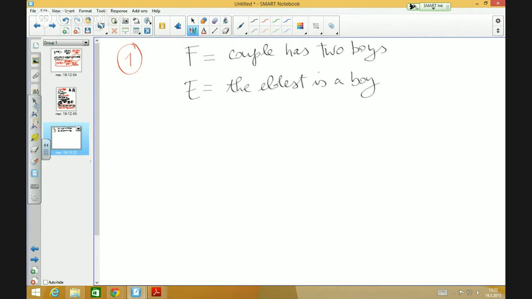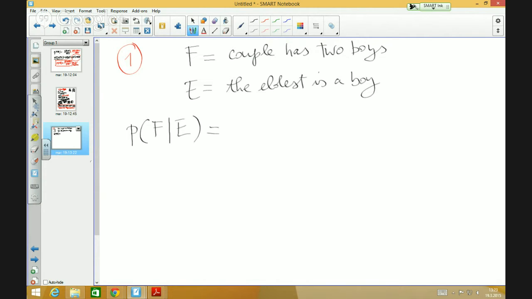So we want to compute the conditional probability that the couple has 2 boys, given that the eldest one is a boy. To do so, we don't really need the full power of Bayes' theorem.